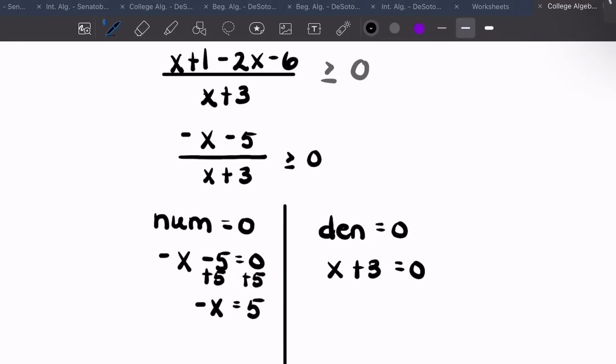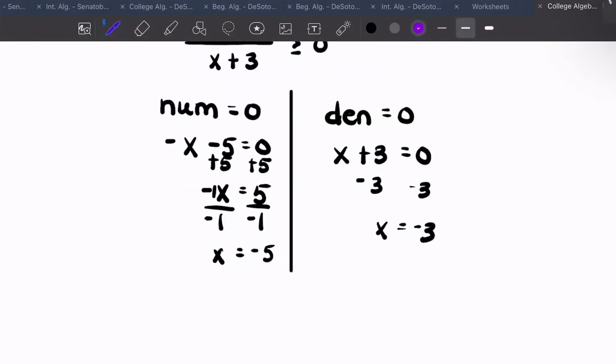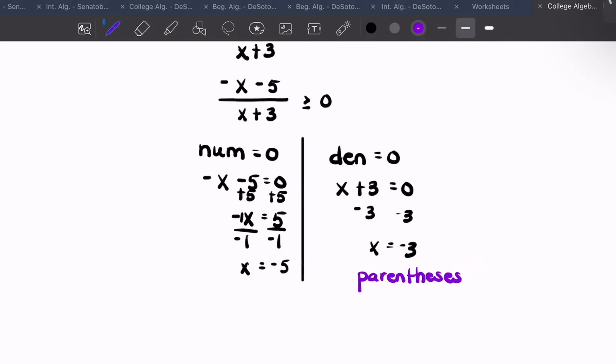Then I'm going to divide by -1 to get x by itself, not -x, and get -5. And then we will subtract 3. X equals -3. Okay. We can go ahead and put parentheses for this one. We know we're about to put it on a number line, right? And name those intervals. And then we know that we will have brackets here because of the equal to.